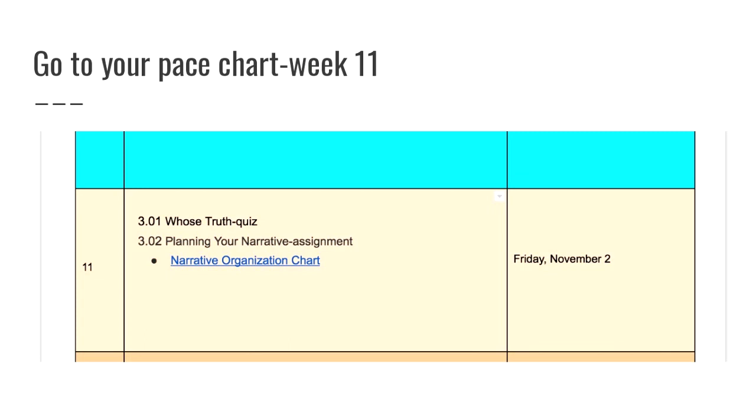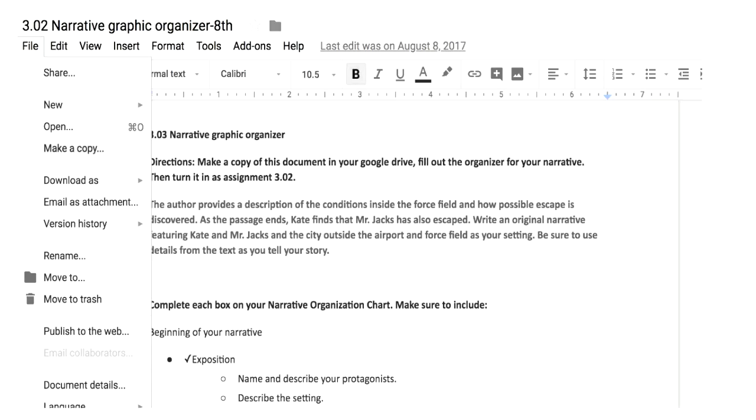You click on it. So click on the narrative organizational chart. And when you click on that, it will pull up the narrative graphic organizer for 8th grade. You want to do File, Make a Copy, and that will become the copy that you write on.